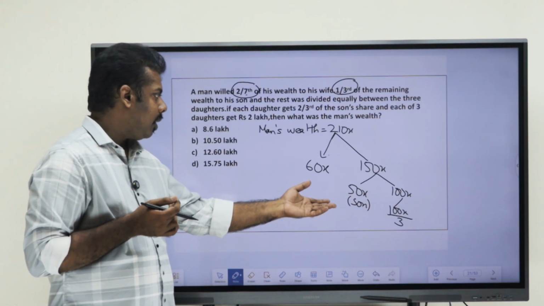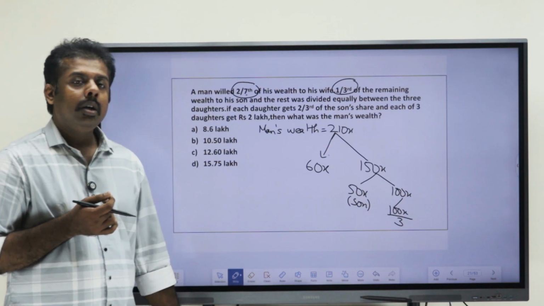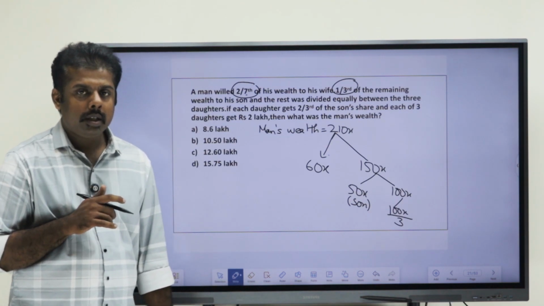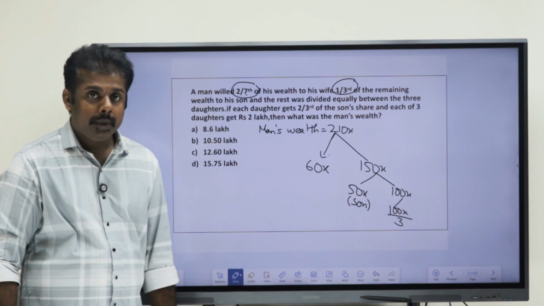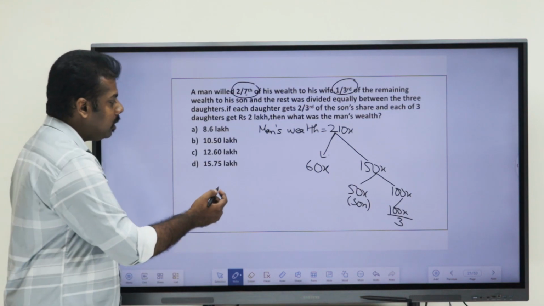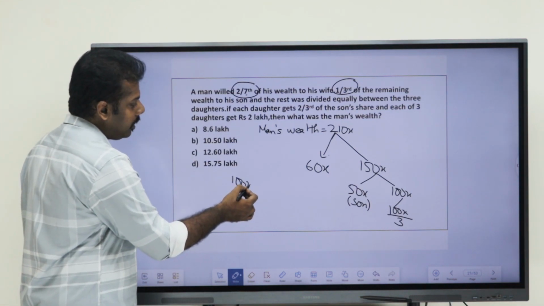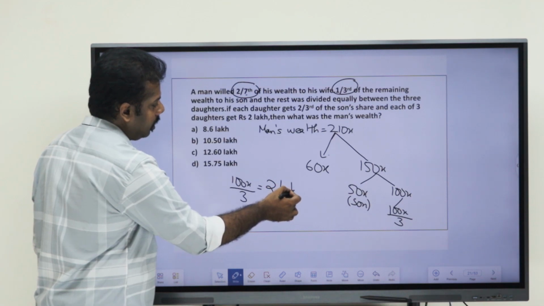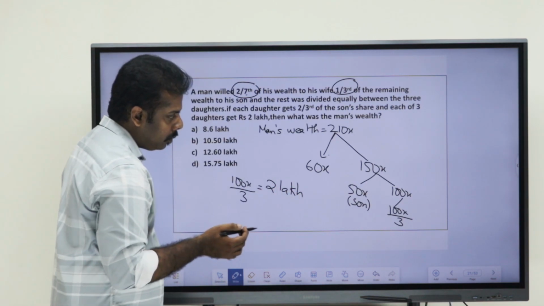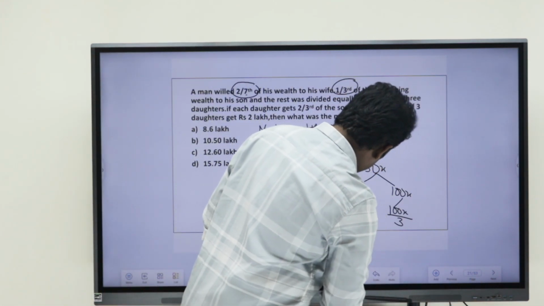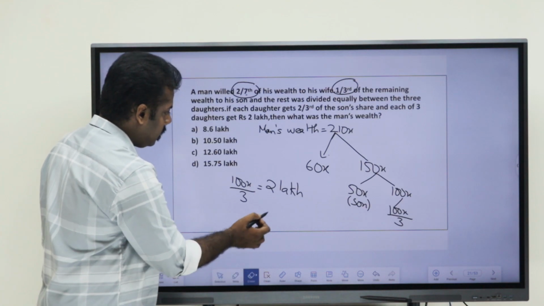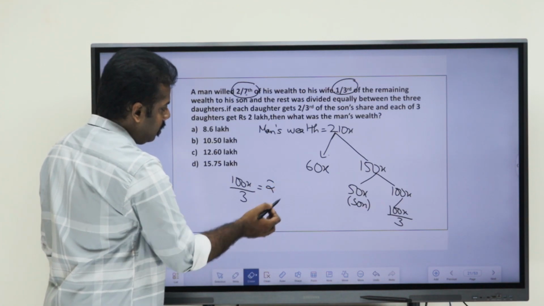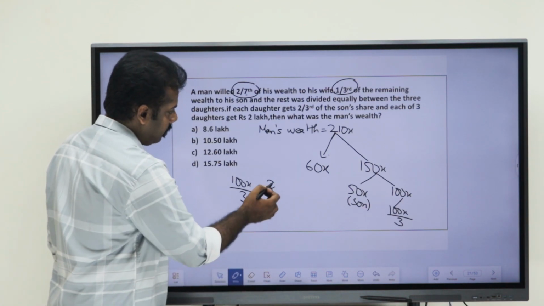Now we have assumed each daughter's share as 100x by 3. We know that value is given as 2 lakh. So 100x by 3 is 2 lakh, and 2 lakh we can write as 2 into 10 raised to 5.